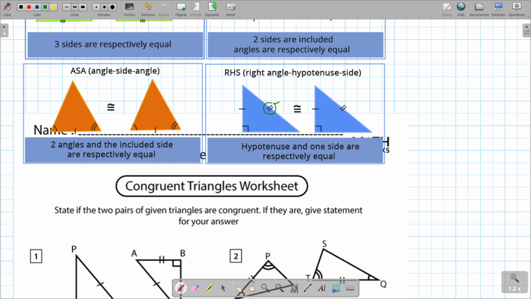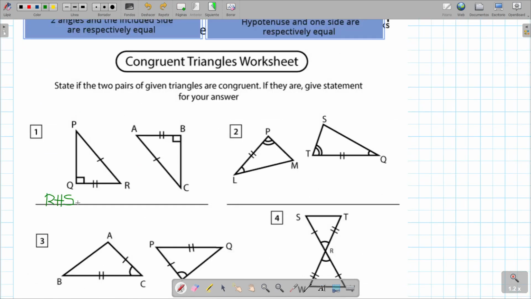The hypotenuse is the same, the other side is in common as well, and we have the right angle. So we can say that for this condition, these two triangles are the same.